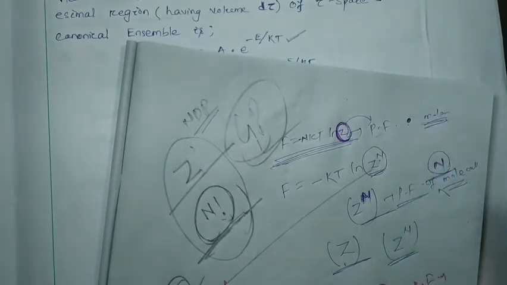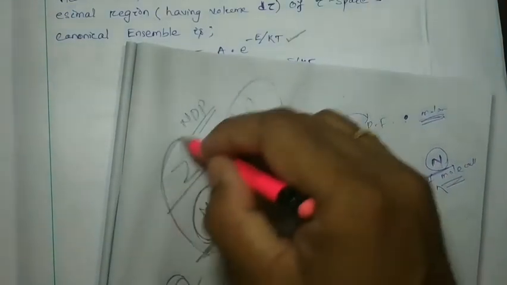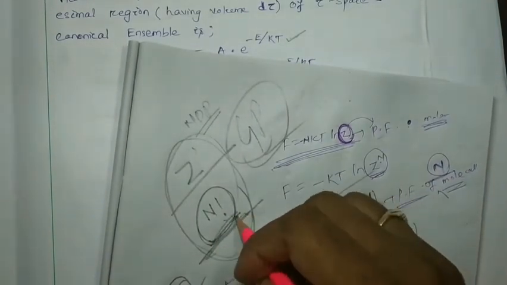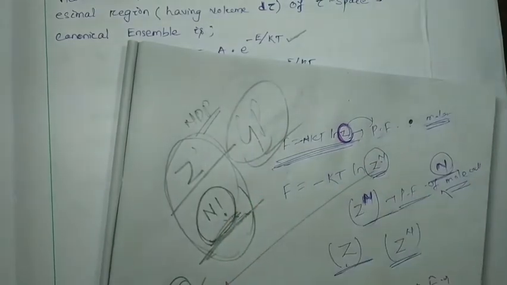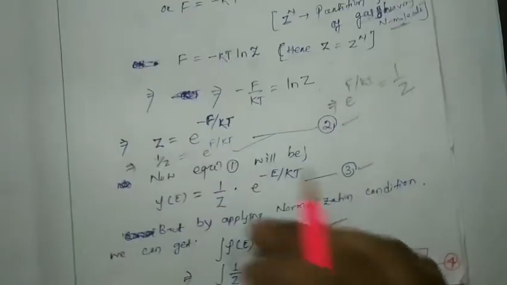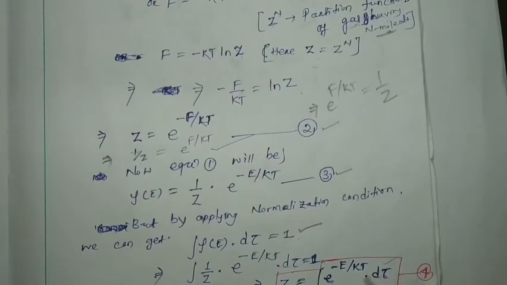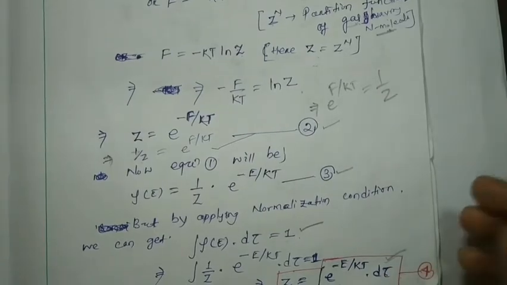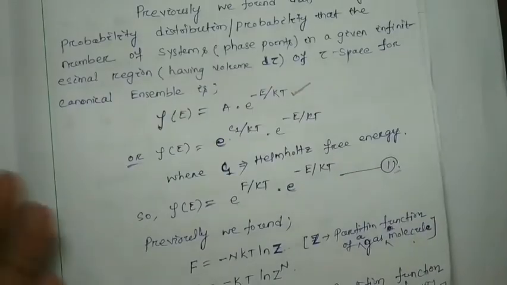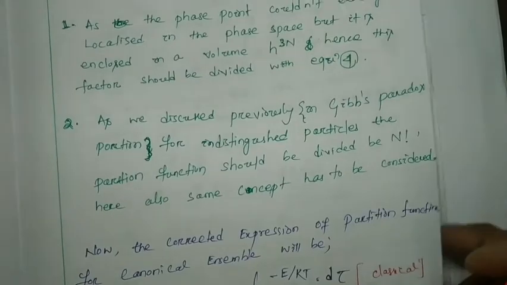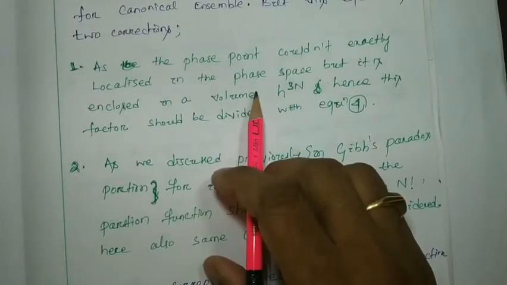You can refer to those videos to know why we have to divide by n factorial. So this partition function is not accepted for both distinguishable and indistinguishable particles as it is. It is accepted for all cases only if the two corrections have been done.